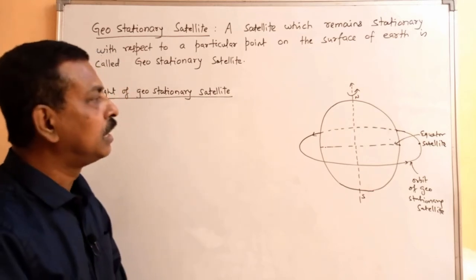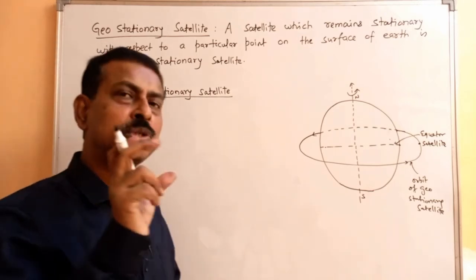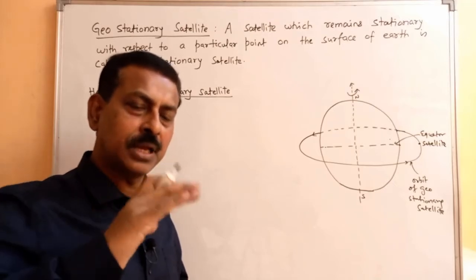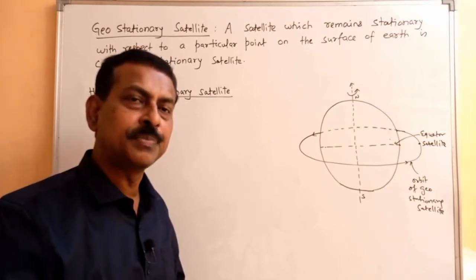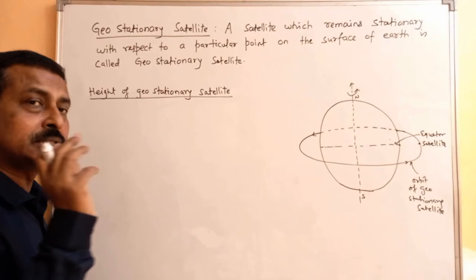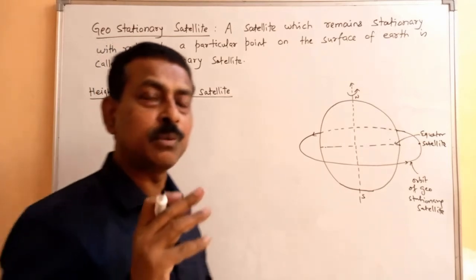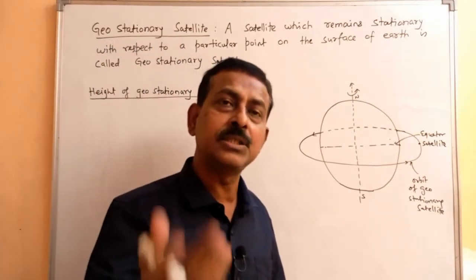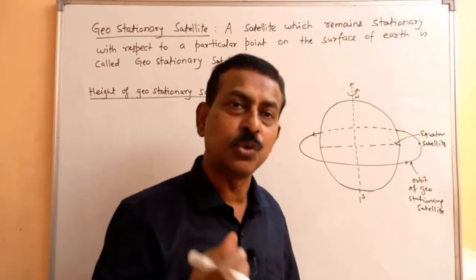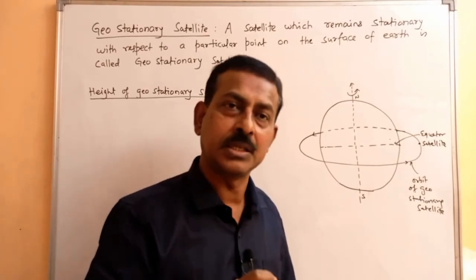Now for this, suppose the satellite is at a height h above the surface of Earth. The centripetal force acting will be given as m omega square (r plus h), and this will be provided by the gravitational force of attraction due to Earth.